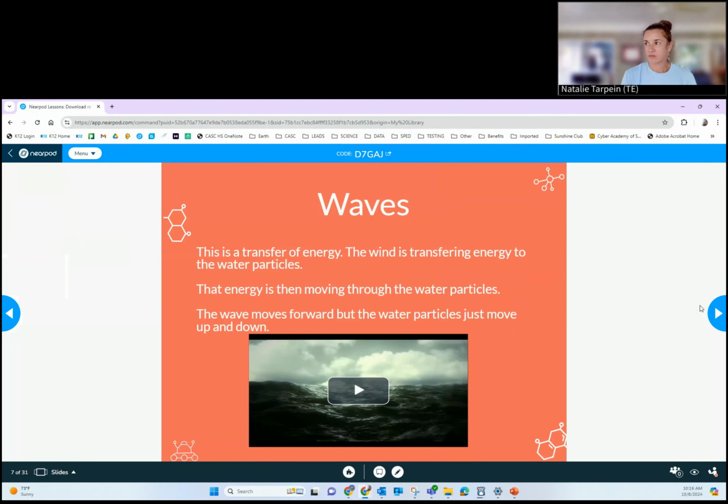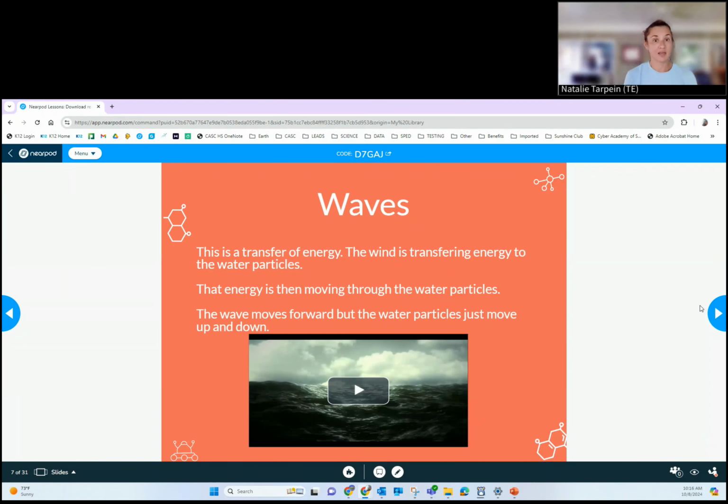Okay, welcome back. So what you should have seen there is that waves are actually also a transfer of energy. The wind is transferring energy to the water particles. So thinking about what is energy? Think about movement. The way the wind is pushing over the water is transferring that energy to the liquid particles and whatever else is in there to move the water.